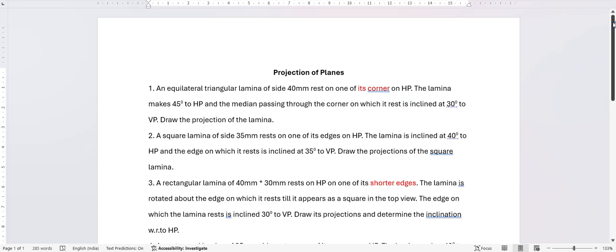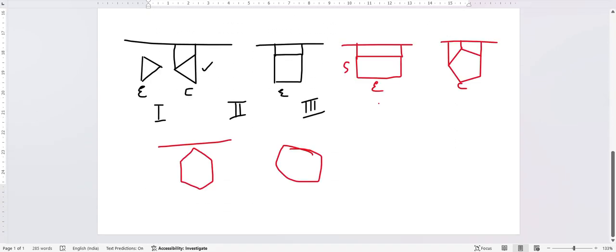Okay. Let us consider this equilateral triangular lamina. The lamina makes 45 degrees with respect to HP. See, after this first position, the next position is inclining 45 degrees. So you are going to mark the 45 degree line, and then project this line downwards.